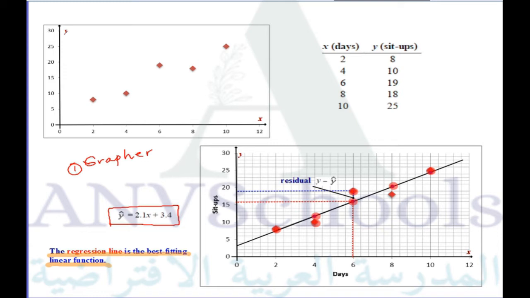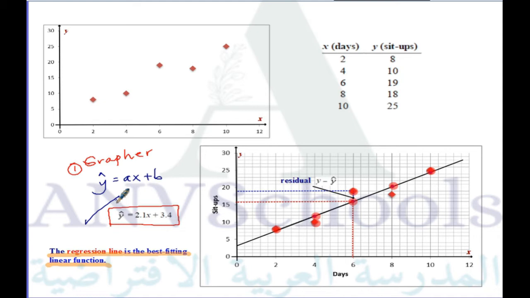All you need to do is enter the x and y values into two lists on your grapher, and then from the statistics menu, run a regression line in the form of y hat is equal to ax plus b. Then it will give you the best fitting linear function, which in this case is y hat is equal to 2.1x plus 3.4.